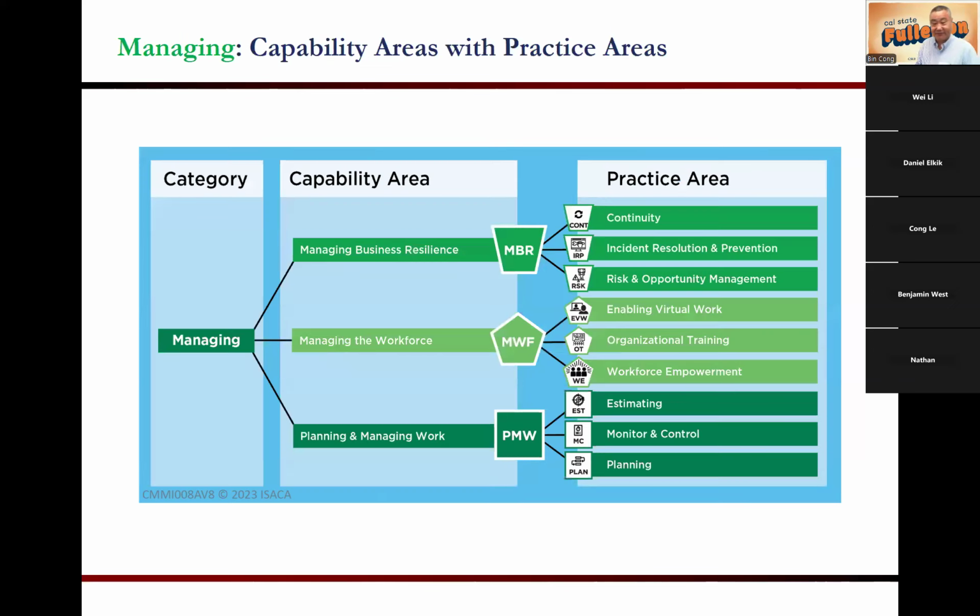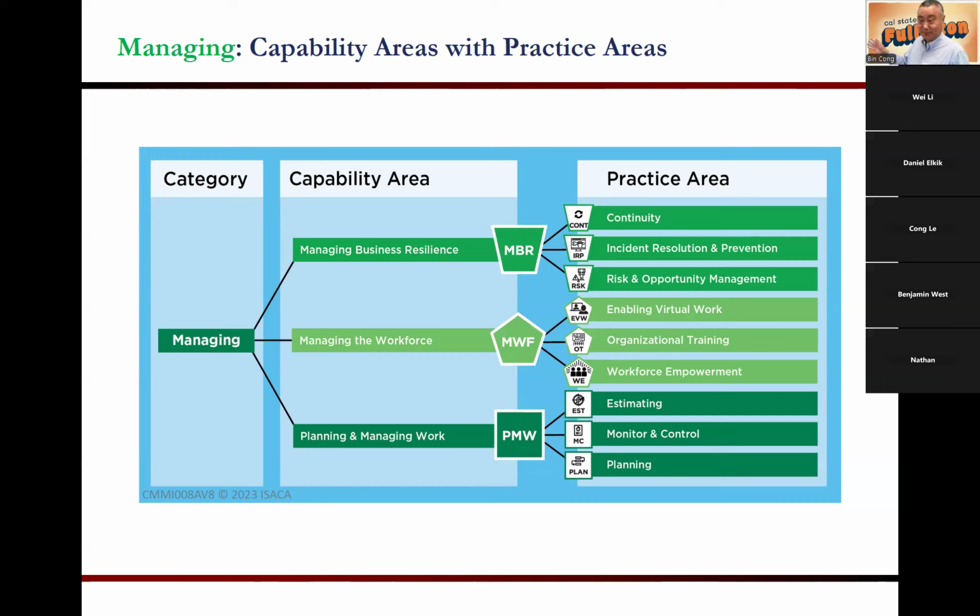And then we have the following for managing. What capability areas do we have? We have managing business resilience. Resilience is a very important term. Okay, managing the workforce, the people, right? Planning and managing the work. So managing, they divided into 3 different capability areas. Now, for each capability area, what do you have?